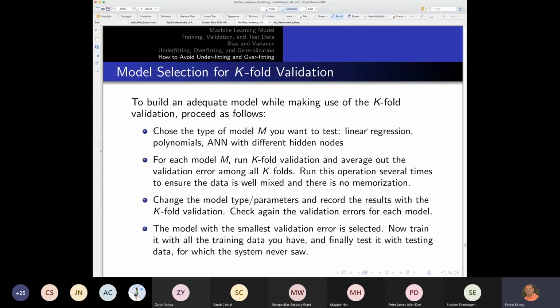And then you choose the model you want to test for this particular system. For each model, run k-fold validation and average out the validation error. When we speak of each model here, it means a system with a particular number of nodes.